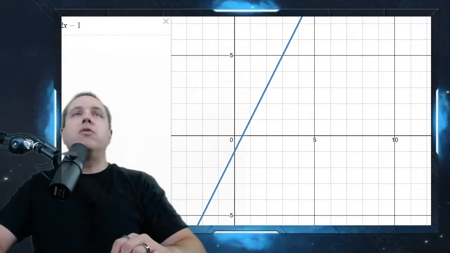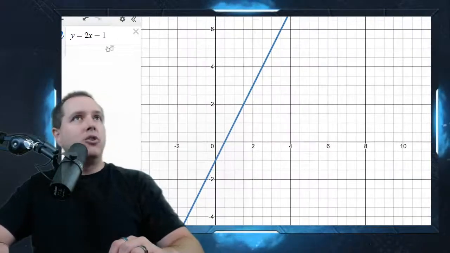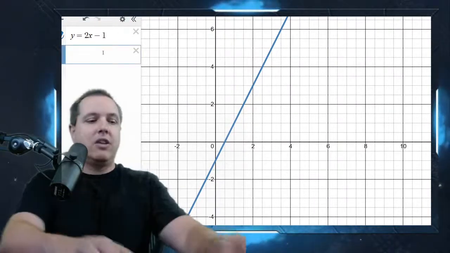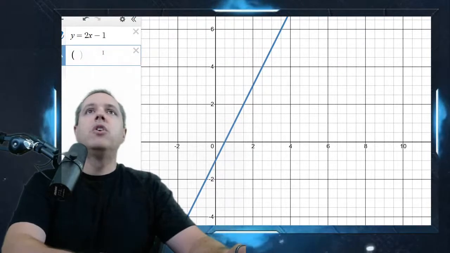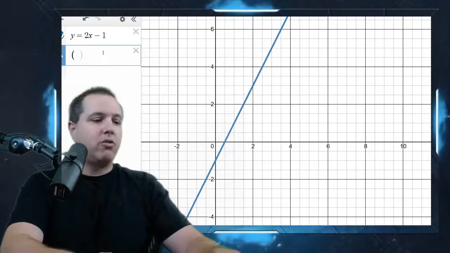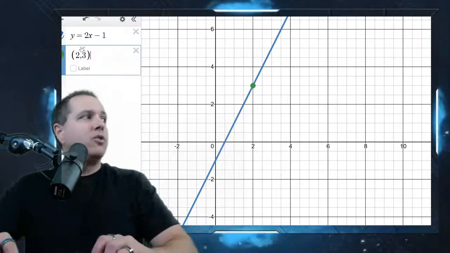A solution to this equation, y equals 2x minus 1. For instance, let's take the point 2, 3. The x is 2, the y is 3.